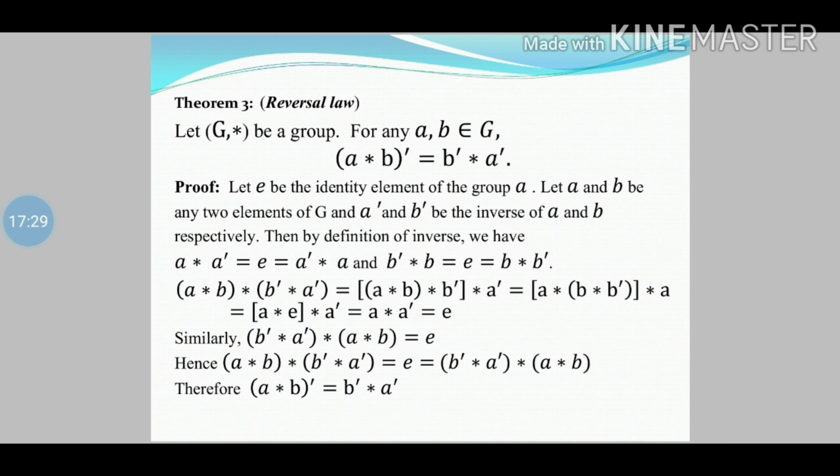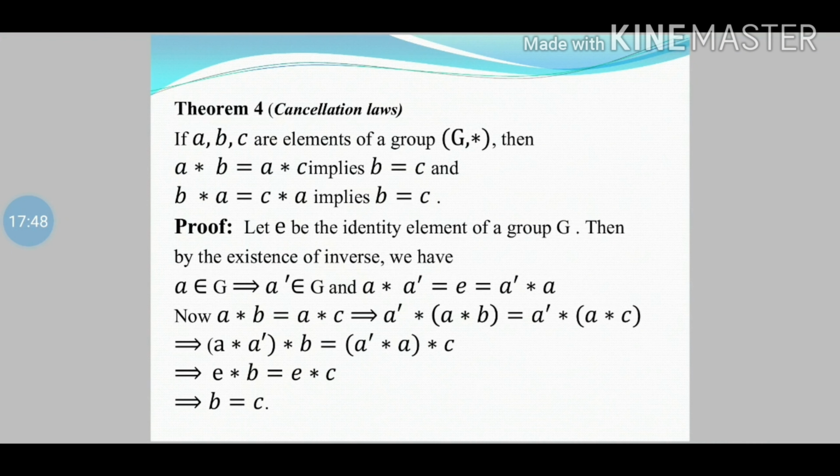From this calculation we can easily verify it. Similarly, B dash star A dash star A star B is equal to E. Hence, A star B star B dash star A dash is equal to identity, that's equal to B dash star A dash star A star B. Therefore, the inverse of A star B is equal to B inverse star A inverse.